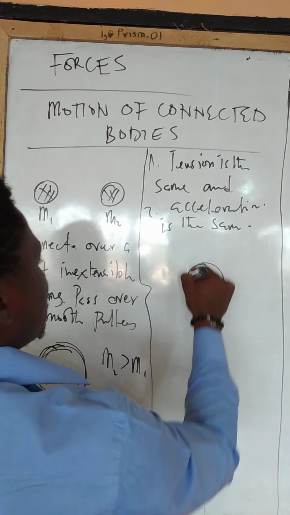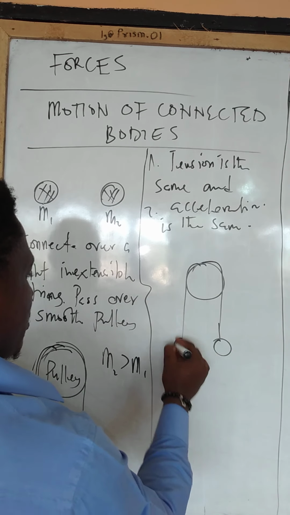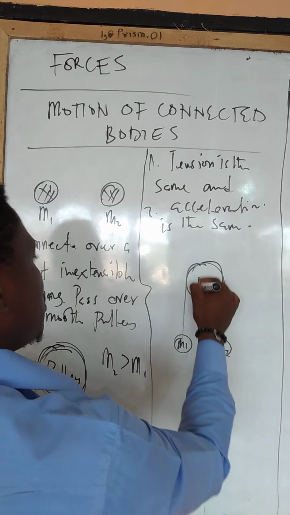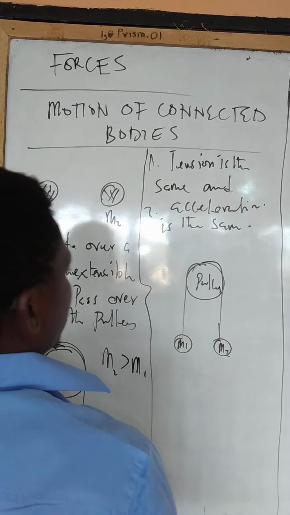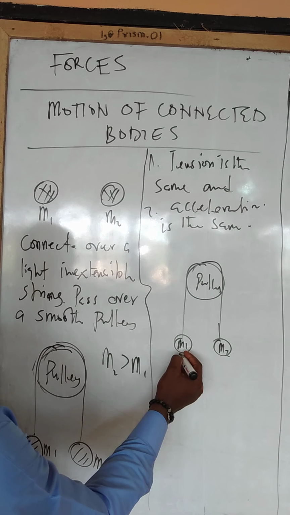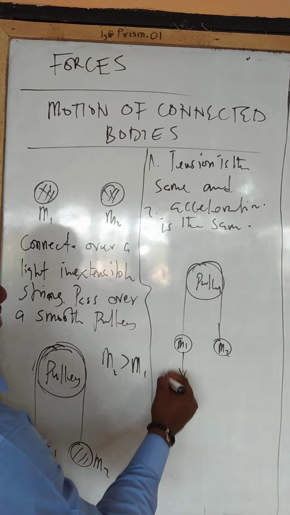Let me draw the diagram again. This is my mass m1, this is my mass m2, and this is my pulley. The thing I want you to take note of is that each mass will always exert a weight downwards.